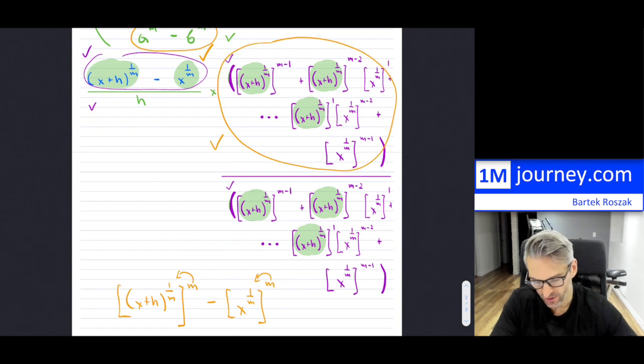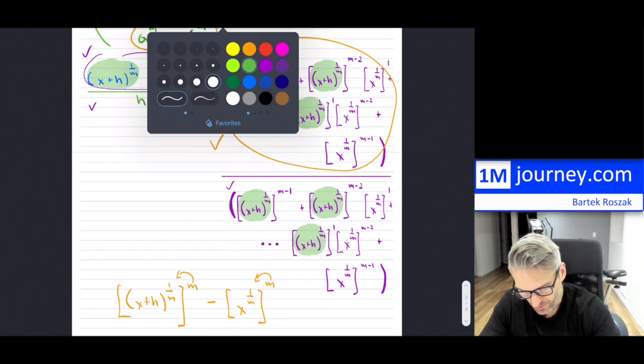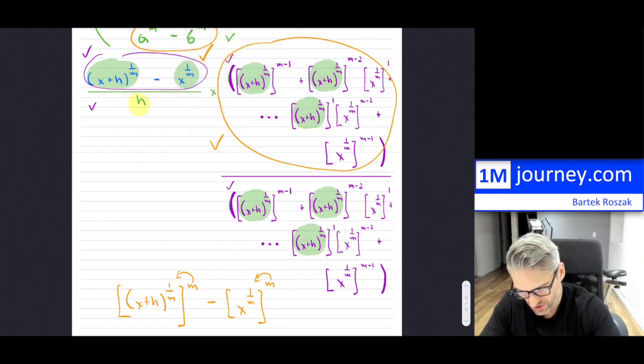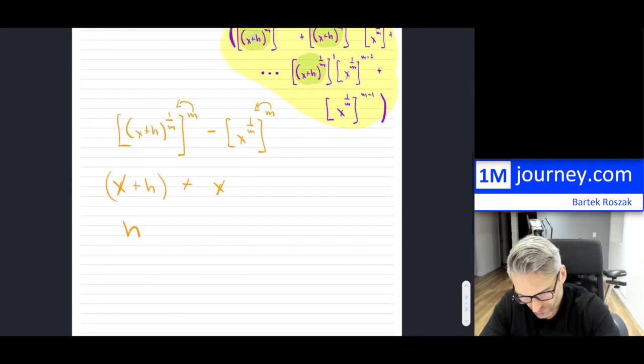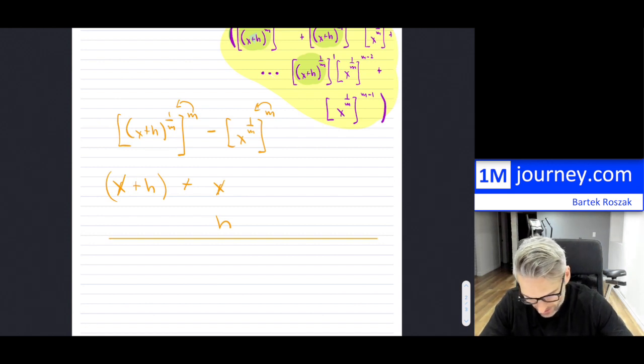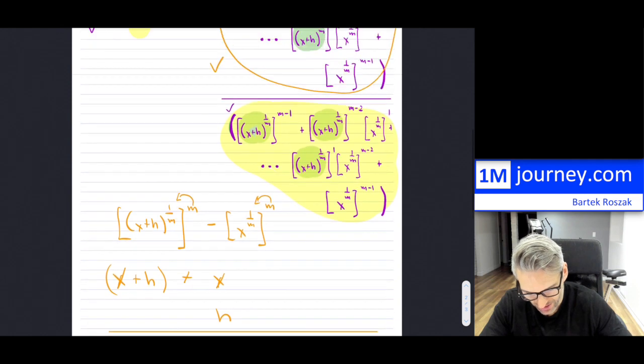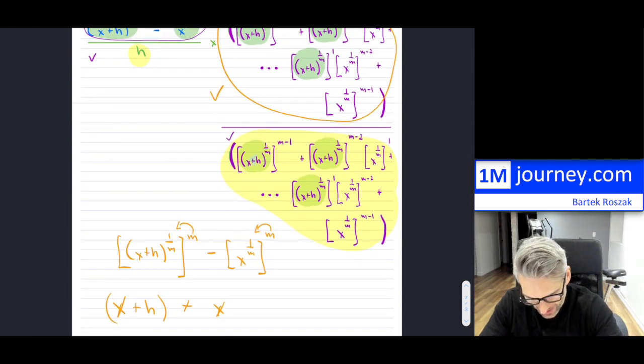Now you will say, okay, that's nice, but you still have your h in the numerator, and you still have this entire thing, because you multiplied both the numerator and the denominator by all of this whole thing, this junk. So that is true. What I have is, in the numerator, I only have h left. In the denominator, I have the h, and I have that whole junk there that I had.